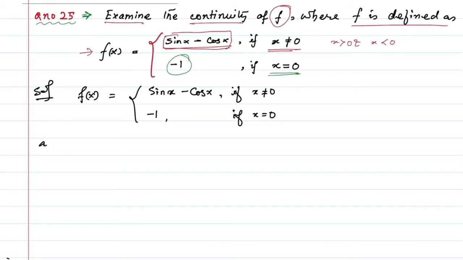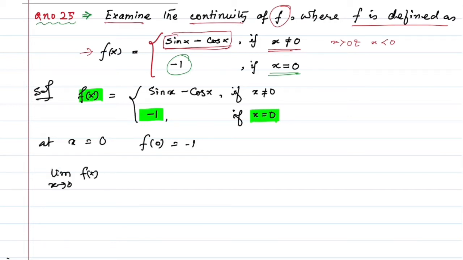So at x is equal to 0, f of 0 is -1, it is given. Now let me find the limit x tends to 0 of f of x.